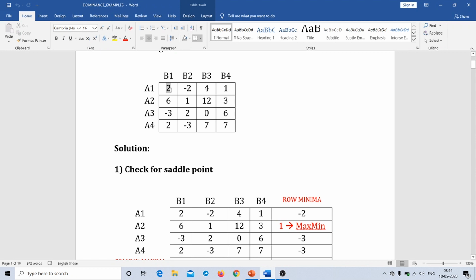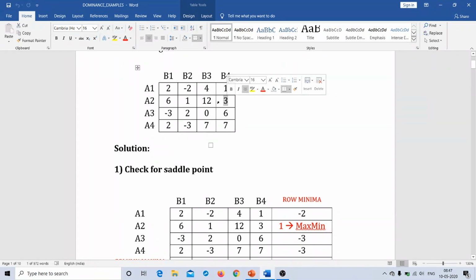Let us look at all the elements of the first row with the corresponding elements of the second row. So 2 is less than or equal to 6. Am I right? Next, minus 2 is less than or equal to 1. Then 4 is less than or equal to 12. Then 1 is less than or equal to 3.